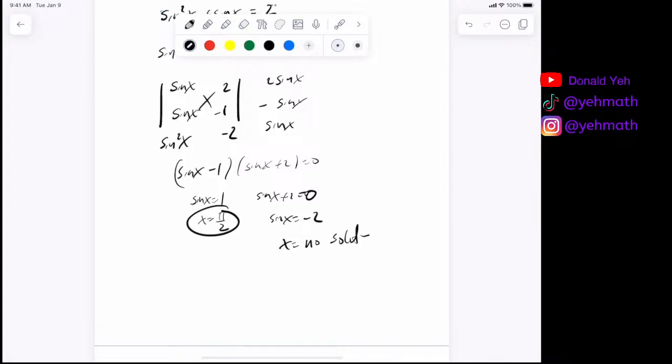So this is the only solution, because the graph of sine of x can never reach 2. This is 1. This is negative 1. 2 is right here. There are no intersections. So anything greater than 1 doesn't work.